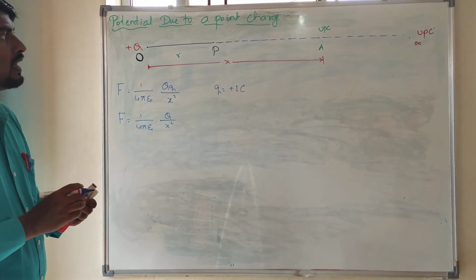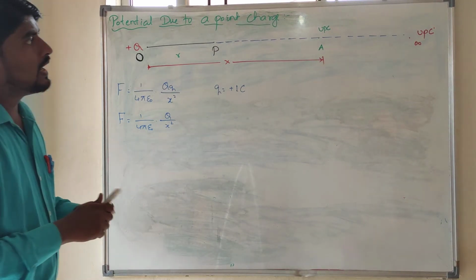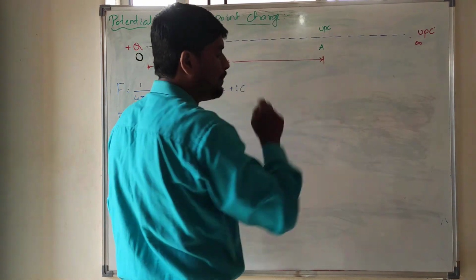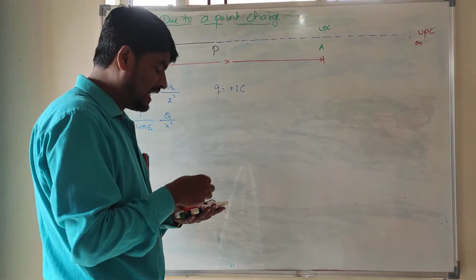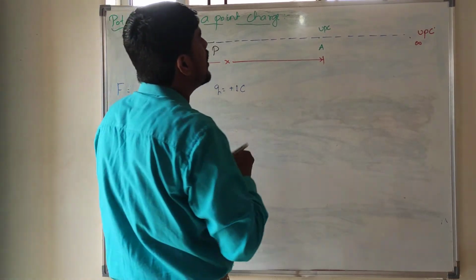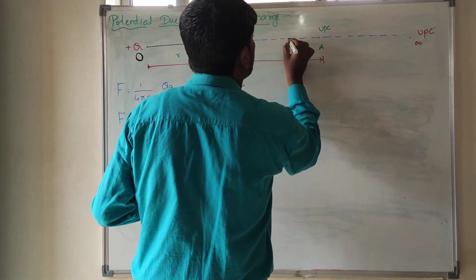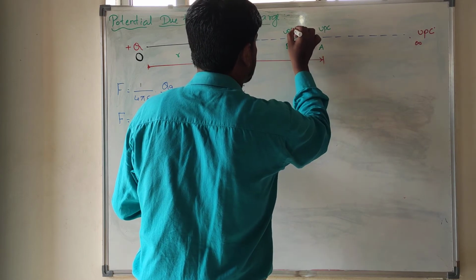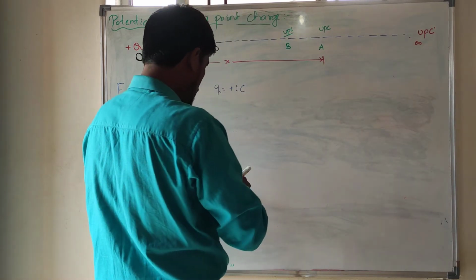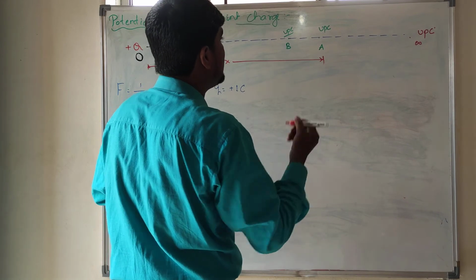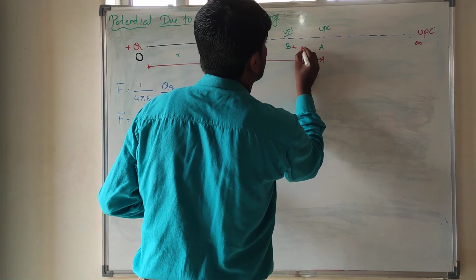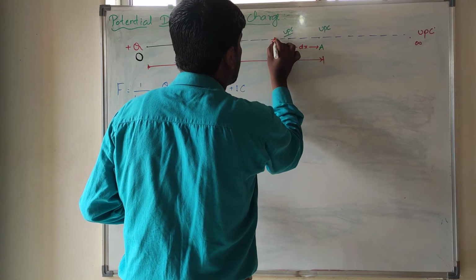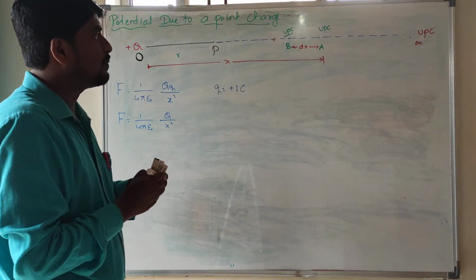After this, suppose instead of placing the charge at A, I move it a small distance from point A to point B, a small distance of say dx against the direction of the electric field. So now the UPC is coming in this direction, please keep it in mind.